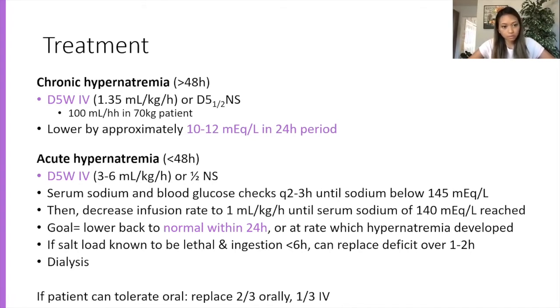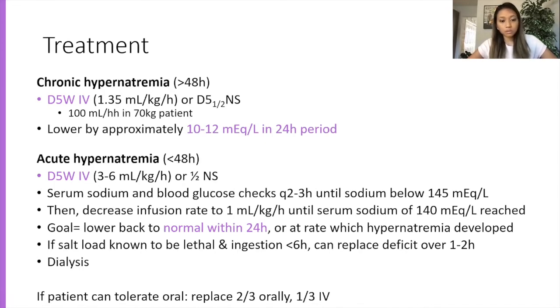You can also use half normal saline. You need to check the sodium and blood glucose every 2 to 3 hours until the sodium is below 145. Then you can give an infusion rate until the serum sodium is 140. Basically, the goal is to lower it back to normal within 24 hours. This is much more forgiving than with acute hyponatremia correction.